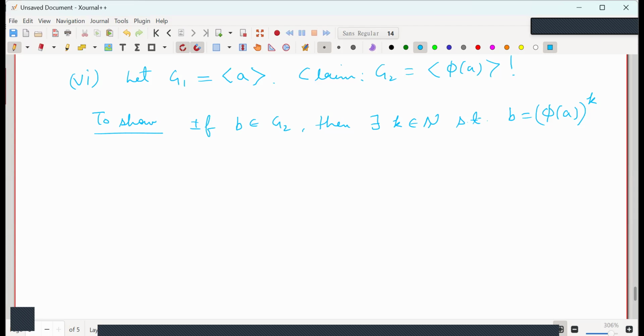And B naught equals A power K for some K. Right. So now I know that phi of A power K equals phi of A power K, which is equal to B.